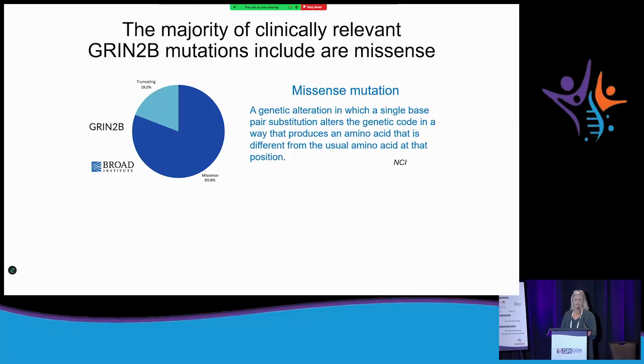So once again, it presents a challenge as to approaching therapeutics. However, a missense mutation, I won't go through this, is just a single nucleotide change that results in a single amino acid change, and the proteins are made up of amino acids. So that shows how sensitive an NMDA receptor is, that one amino acid change can, if it's in a sensitive region, lead to dysfunction.